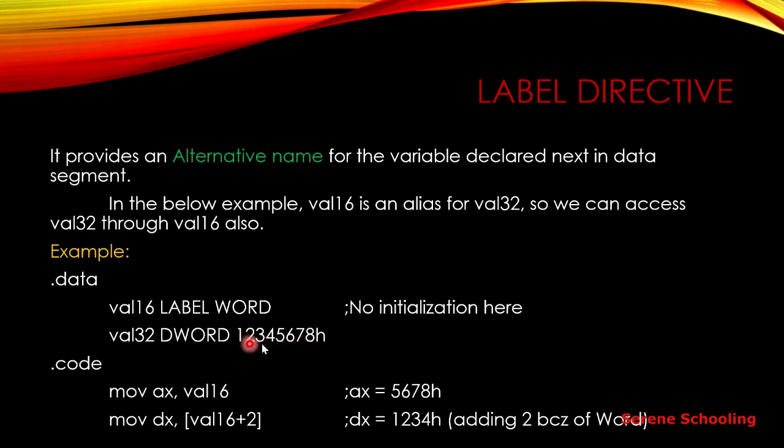Now I want to access the other part of this variable, the upper part, right? So for that, we have to add +2. Val16 is already this part, so if I add +2 over here, it means that it will jump to this upper part, 1, 2, 3, 4. Because of the WORD type, it will jump to this part.